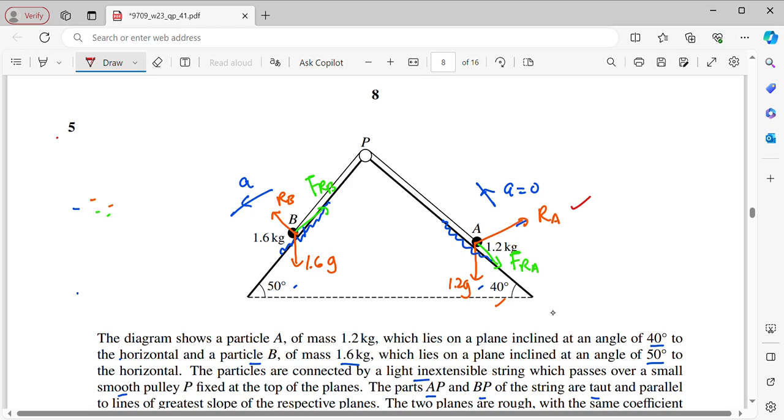Now the RA here, you can resolve this as well. For your information, this is going to be 40 degrees, which tallies with this. So now I will have two forces, one due to the weight, another due to the RA.